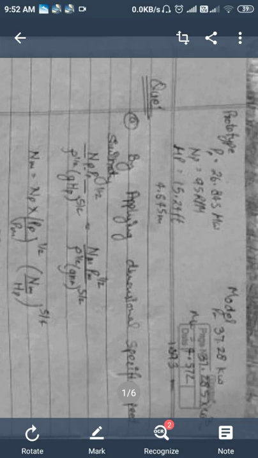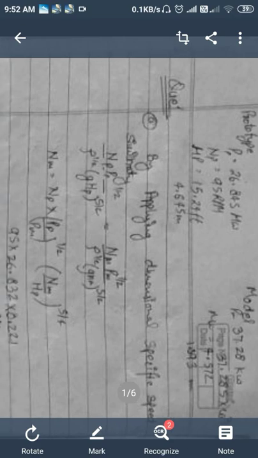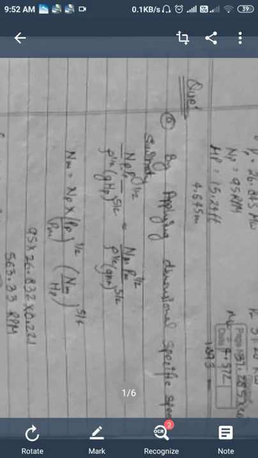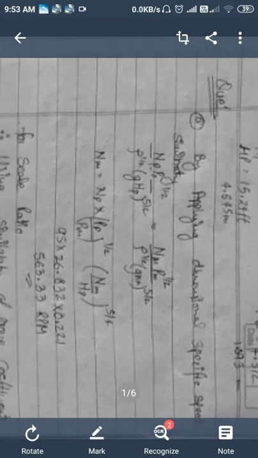First, the power for the prototype. P suffix p is for prototype, and suffix m is for the model. Power for the prototype is 26.845 megawatt, revolution is 95 rpm, and head is 4.65 meter, which is equal to 15.24 feet.